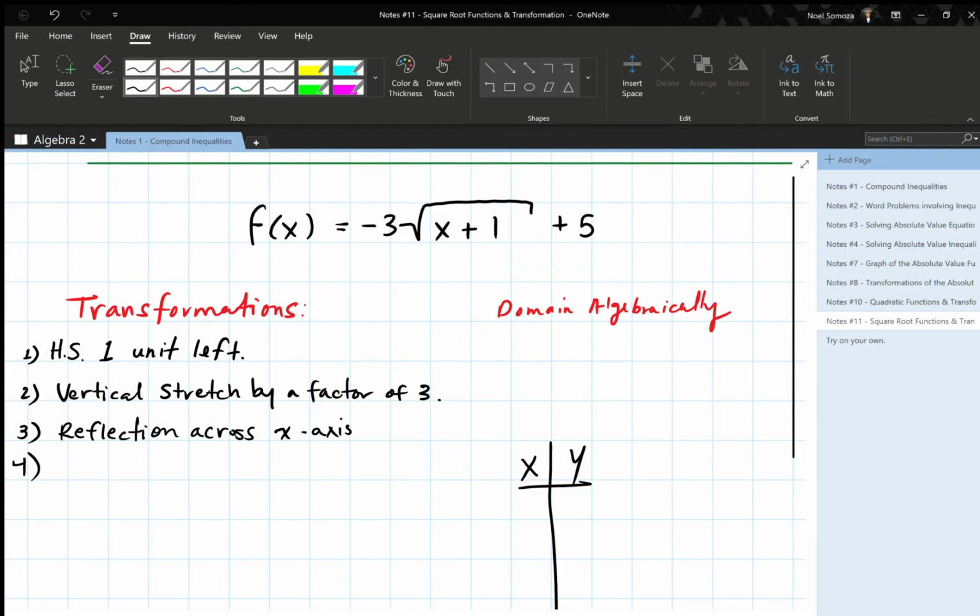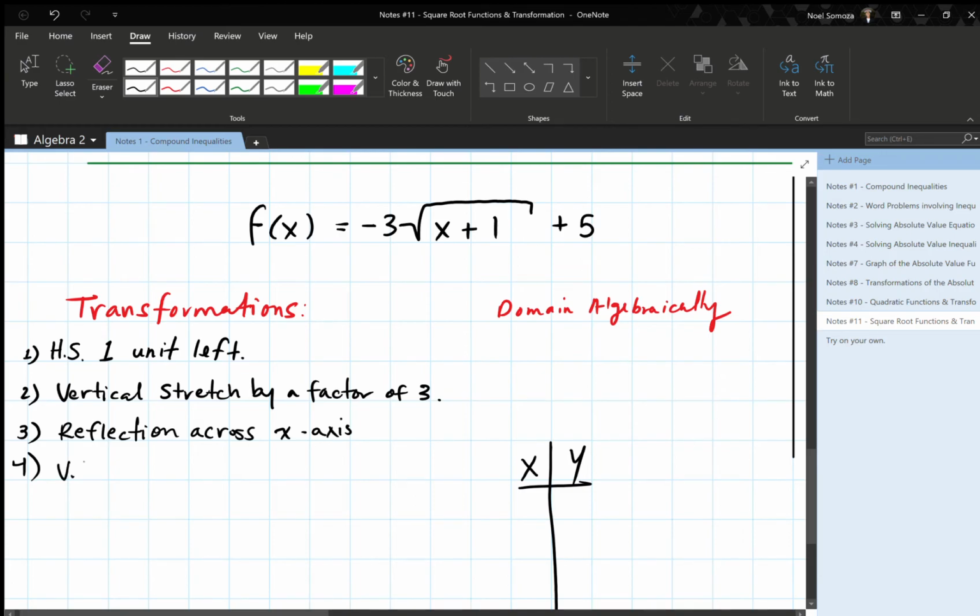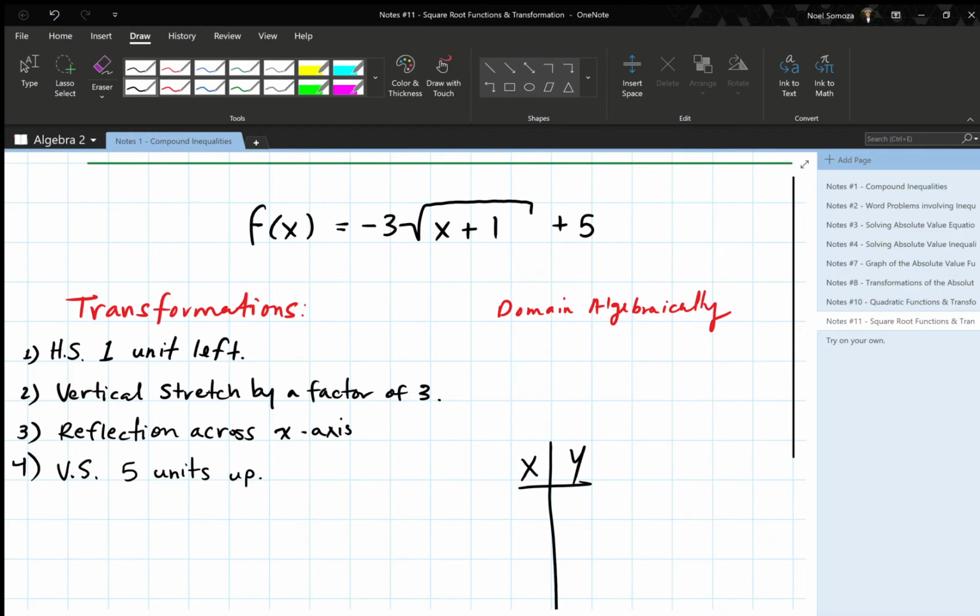Which way? Up. How many units? 5. Okay, so vertical shift, 5 units up. Okay, so we have an idea of what's happening, right? It's going to reflect, stretch, all that good stuff.